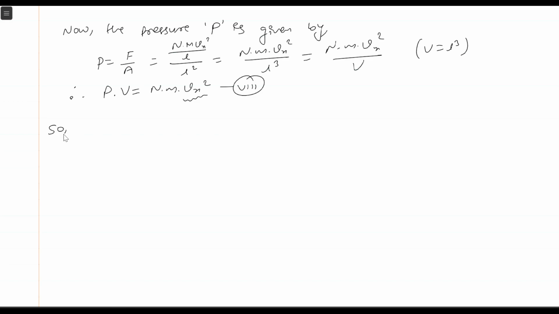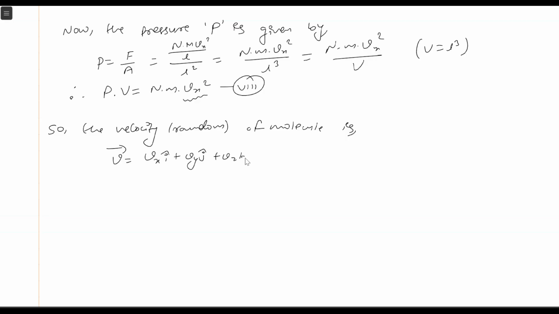So the random velocity of molecule is given by V is equal to Vxi plus Vyj plus Vzk. So this is the velocity component. i, j and k are unit vectors. So if we want to find out the scalar quantities, we have to take the square. This will give us Vx square plus Vy square plus Vz square.